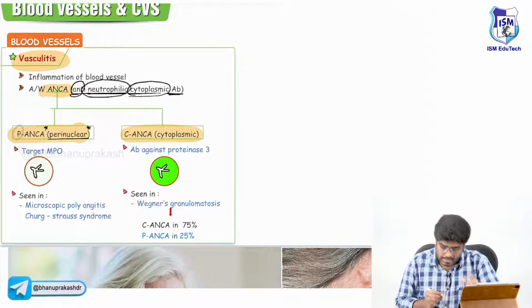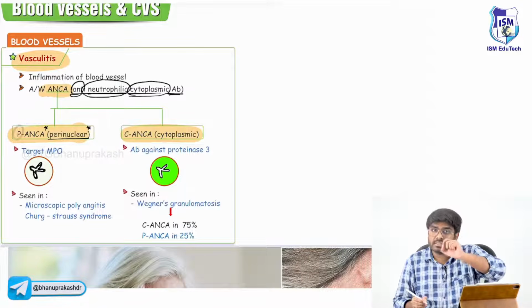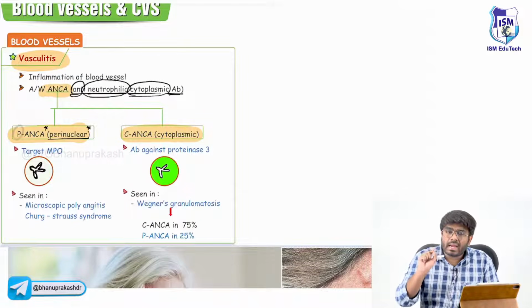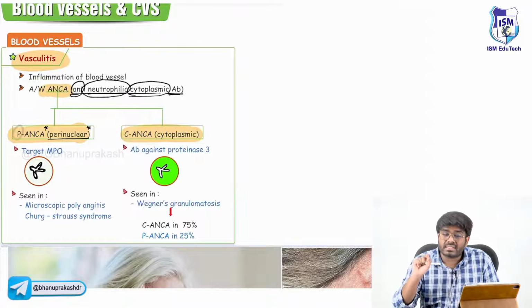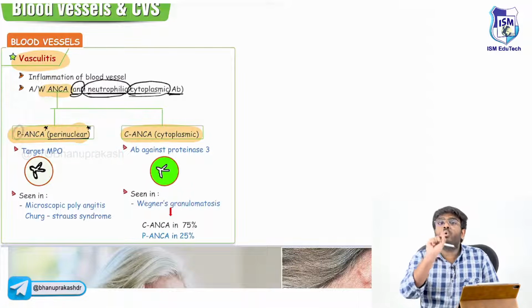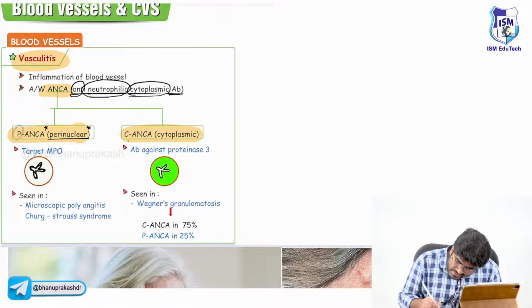See, now look, around the nucleus, what you are seeing here is fluorescence around the nucleus. It means antibodies are going and getting deposited around the nucleus, sir. So perinuclear. P stands for perinuclear ANCA. And what is C ANCA? Okay, what is C ANCA?